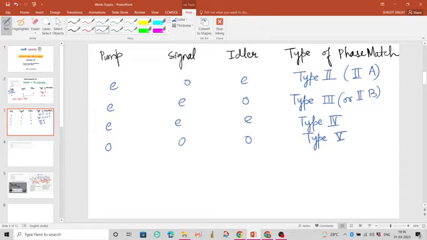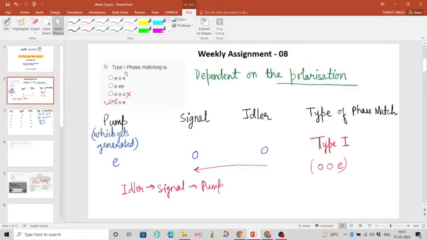Next can be the reverse of the first one which we have taken, that is, these two are OO and this one is E. So we will read it from the idler side, it will be EOO, which was given in this third option, EOO.